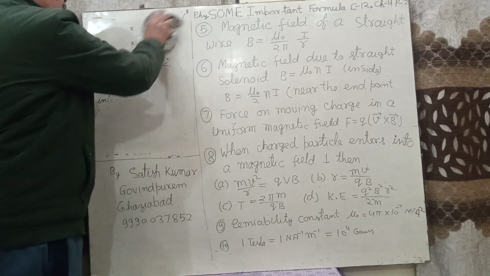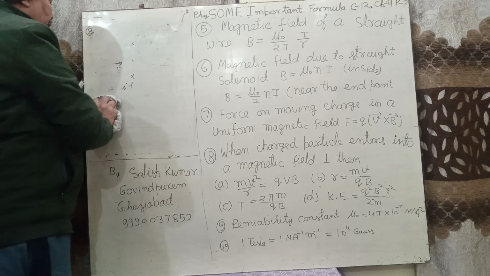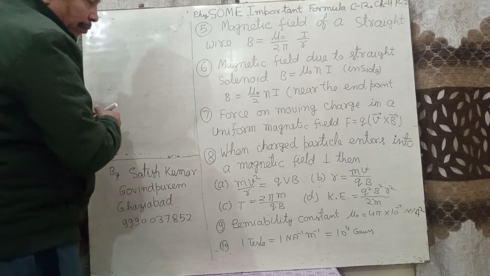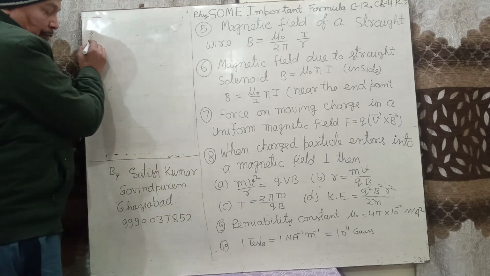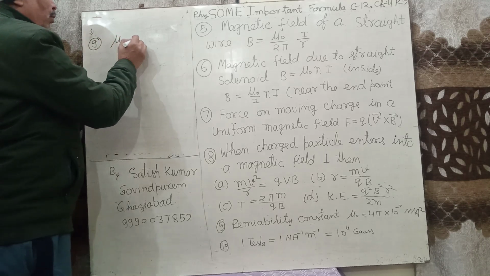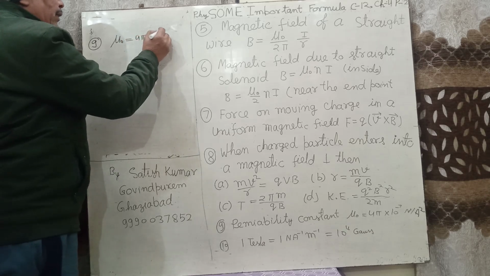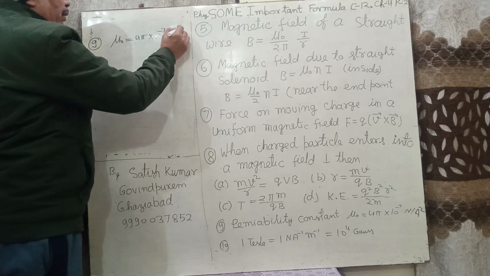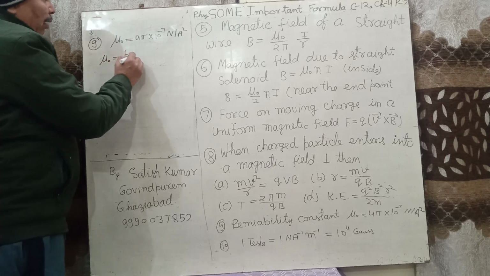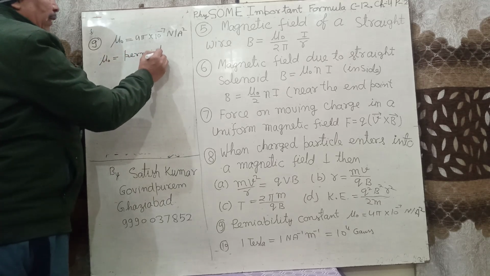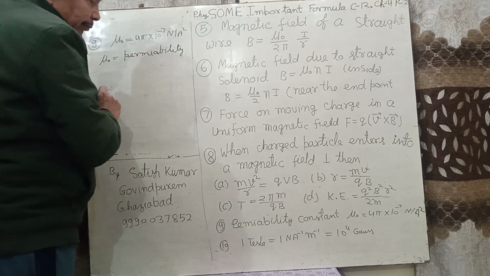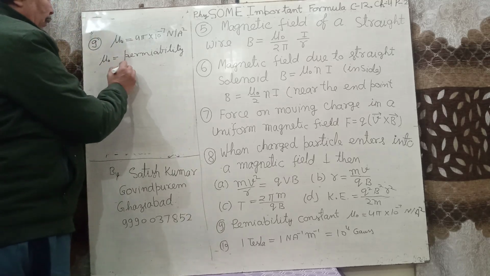Its value in vacuum is mu naught equals 4 pi into 10 to the power minus 7 Newton upon ampere square. Mu naught is the permeability constant.